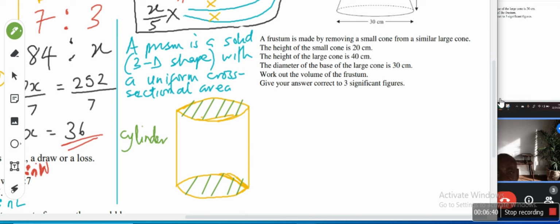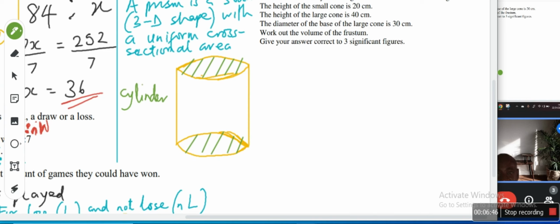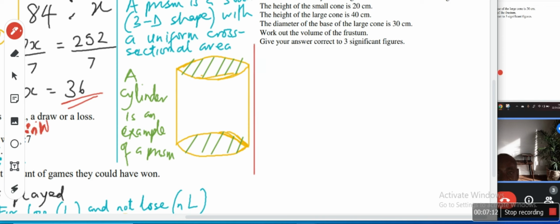I just wanted to mention that. Do you remember the formula for the volume of a prism? So I say a cylinder is an example of a prism. Good. What did you say is the formula for the volume of a prism? Area of cross-section times length. Yes. Area of cross-section times height, which could be the distance between the two opposite ends.